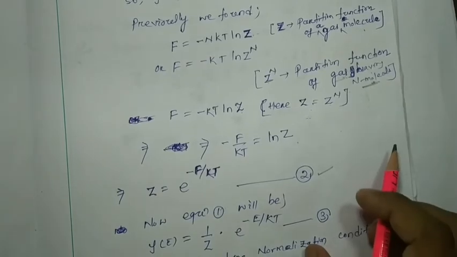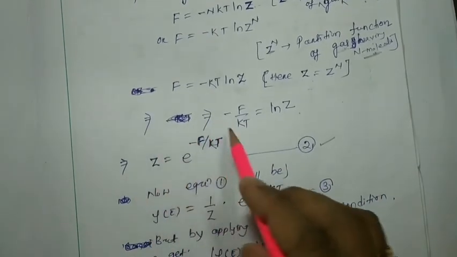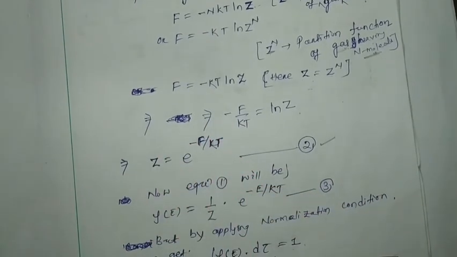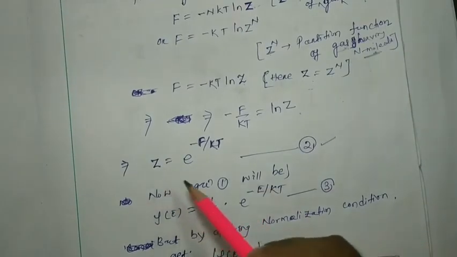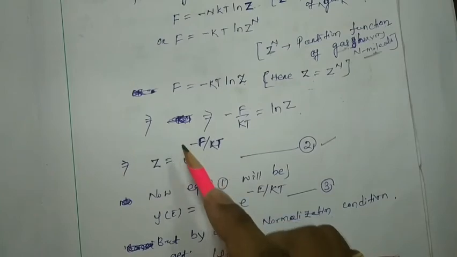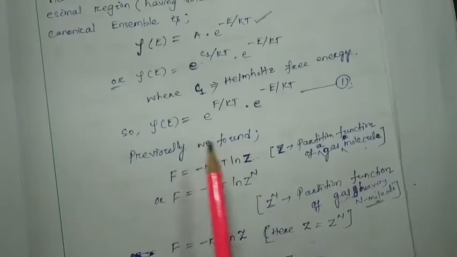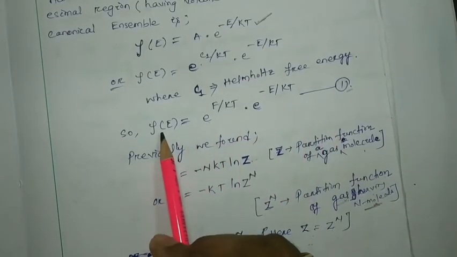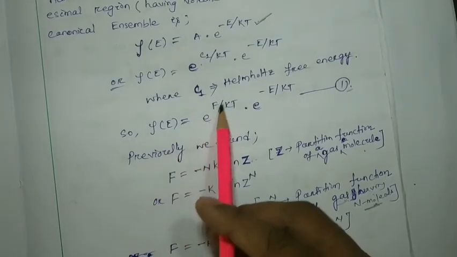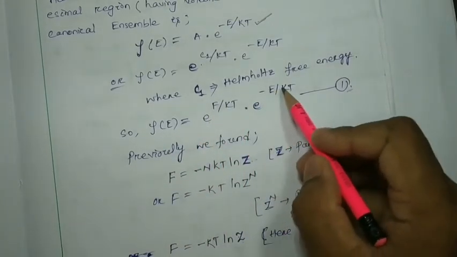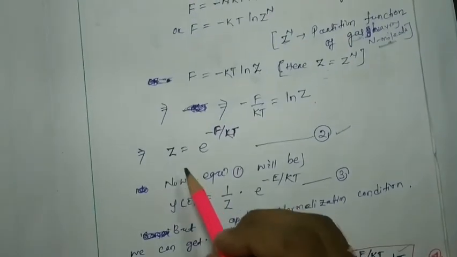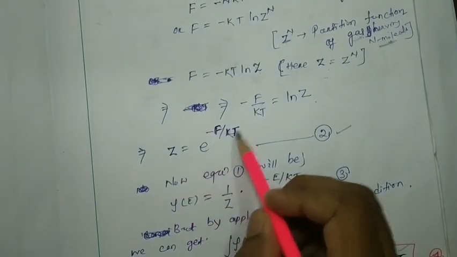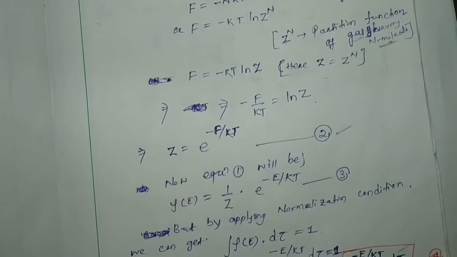Now we have to put this value in our equation number 1. You can see in equation number 1, this is e to the power f by kT into e to the power minus E by kT, which is your rho E. Here we found z equal to e to the power minus f by kT.